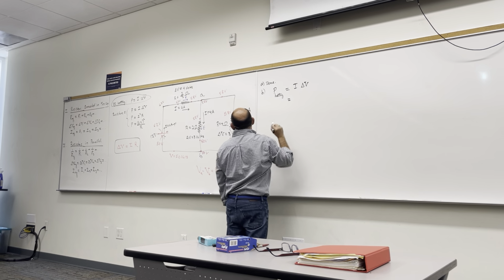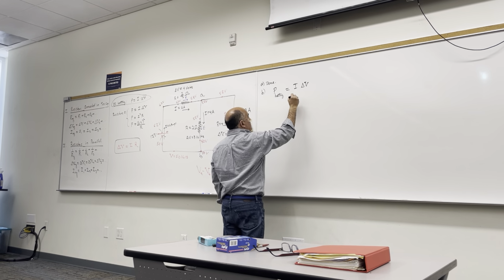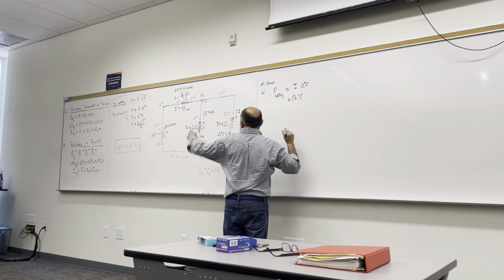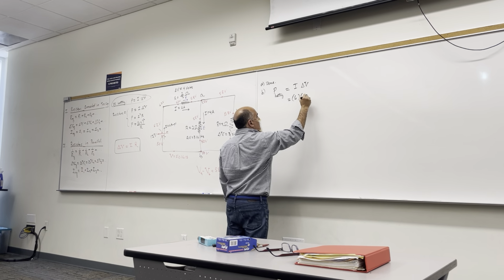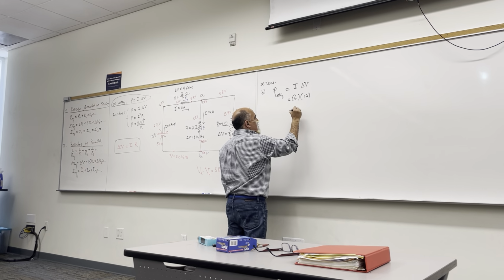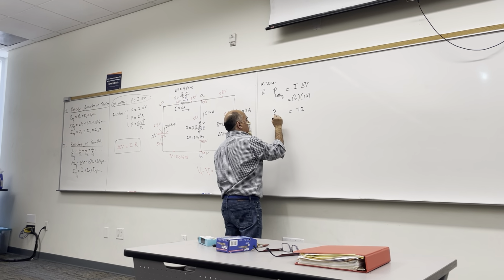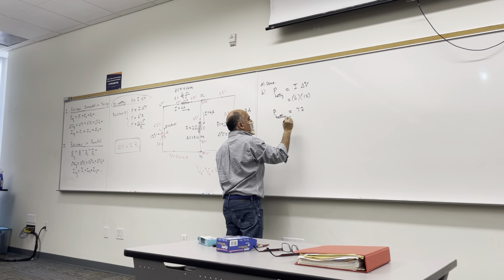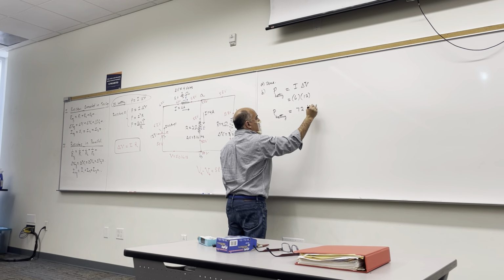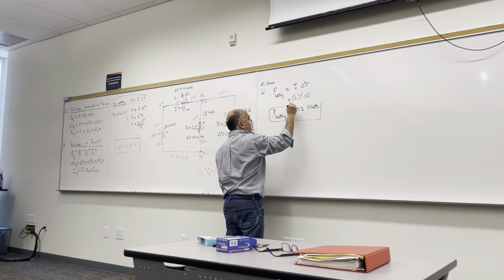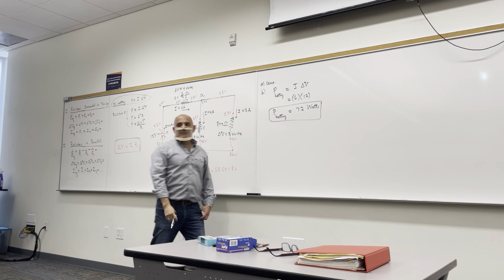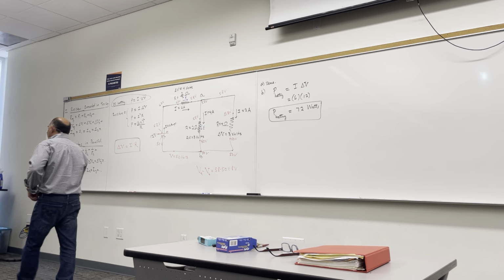What is the current through the battery? I see 6 amps. And what is the voltage across the battery? I see 12 volts. So this is 72. And what are the units of power? It's joules per second, or watts. That's the power supplied by the battery.